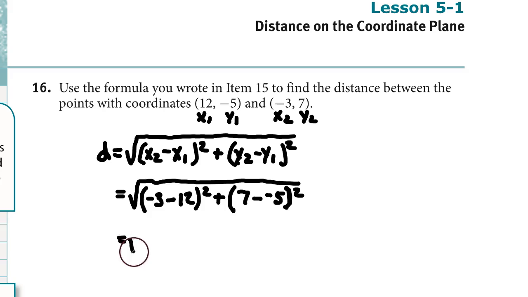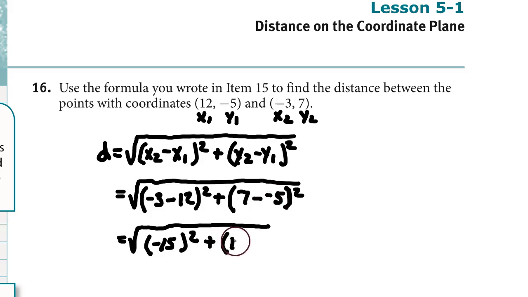Okay, next step. Let's do some more work inside the big square root symbol. Negative 3 subtract 12 is negative 15. Over here in the other parentheses, 7 subtract negative 5 is 12.